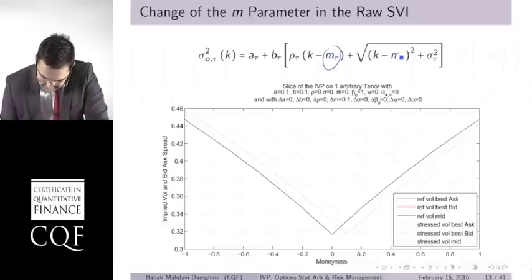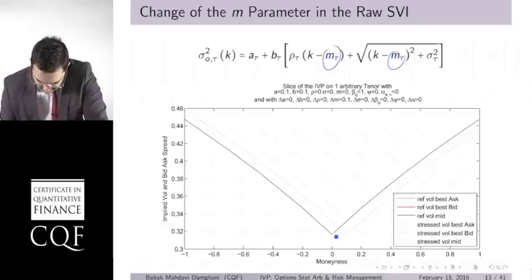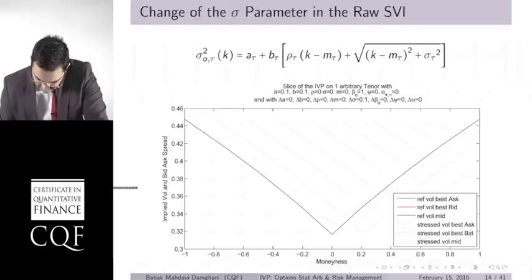M here is the horizontal displacement. And the sigma here, which smooths out the vertex, acts in that fashion.